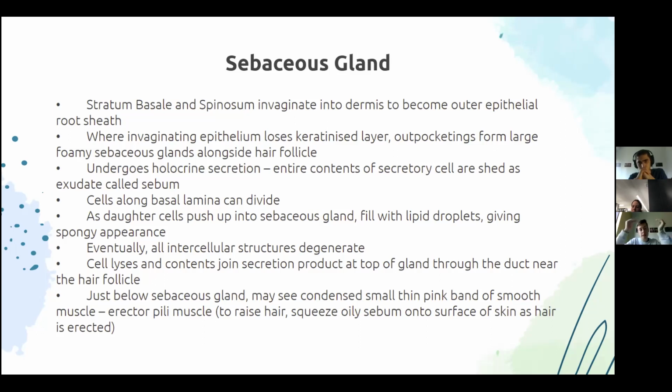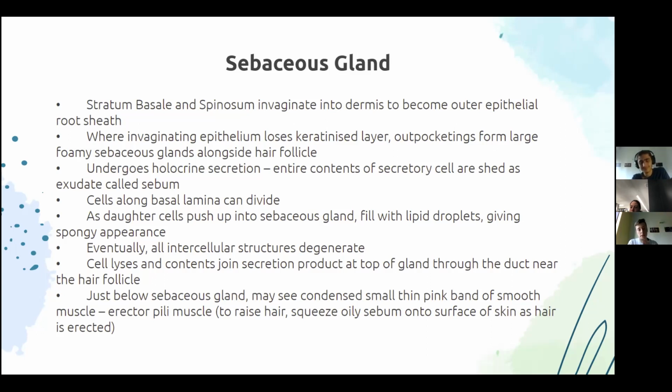Where this epithelium is coming in and is losing the keratinized layer, these outpocketings form a foamy sebaceous gland right next to the hair follicle. So this is known as holocrine secretion. The entire contents of the cell are shed, and that is what causes the sebum.